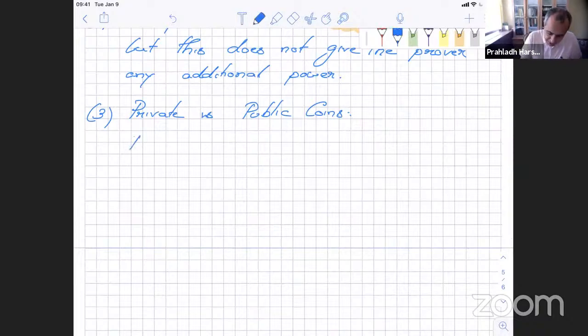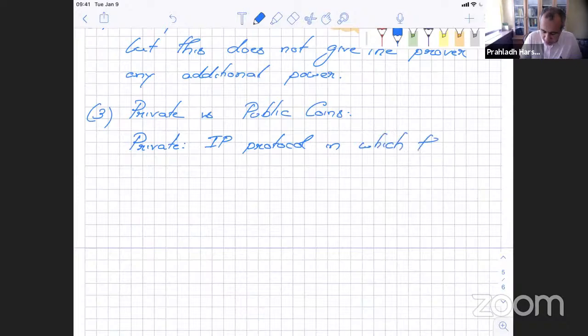So private is an IP protocol in which the verifier does not reveal its randomness, and it's important that it does not.